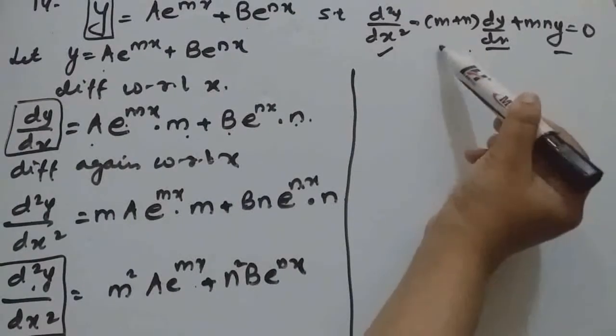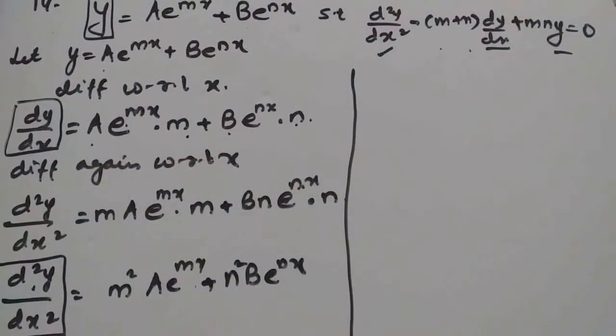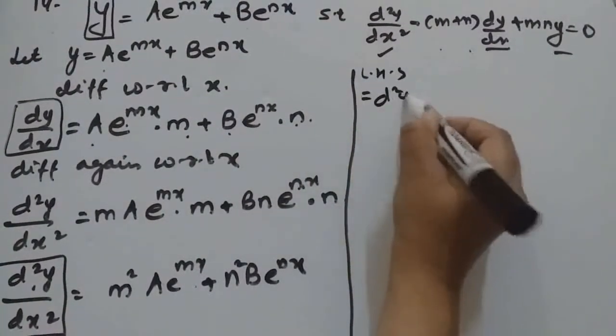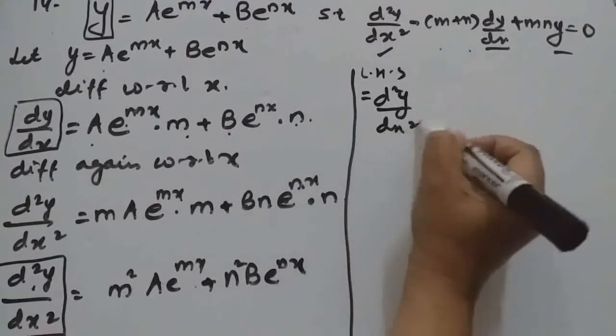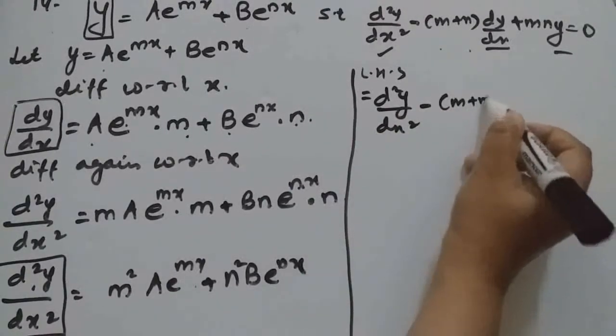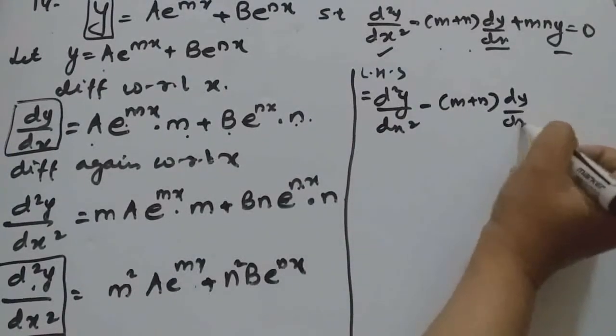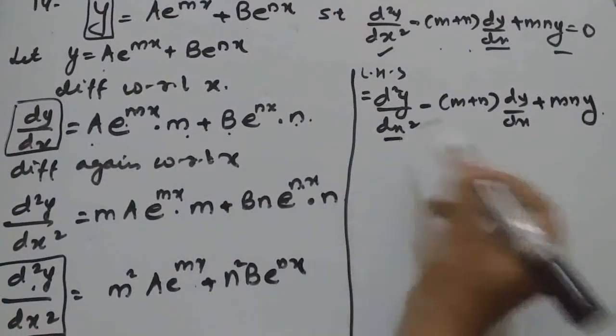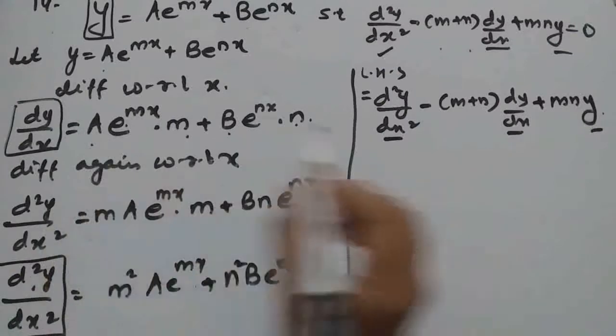That means we can show it by considering the left hand side and the right hand side. So consider the left hand side, that is d²y/dx² - (m + n) dy/dx + m n y. Okay, so these three values we will substitute here.